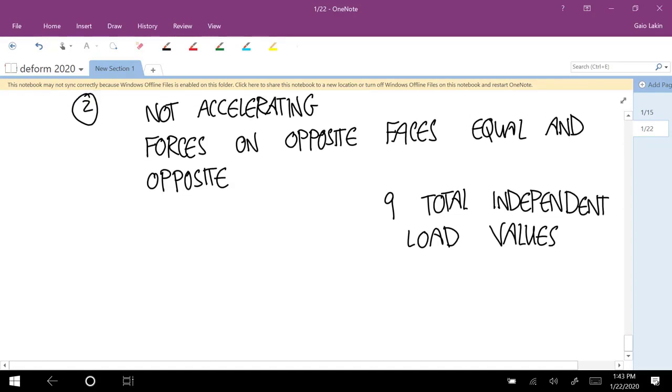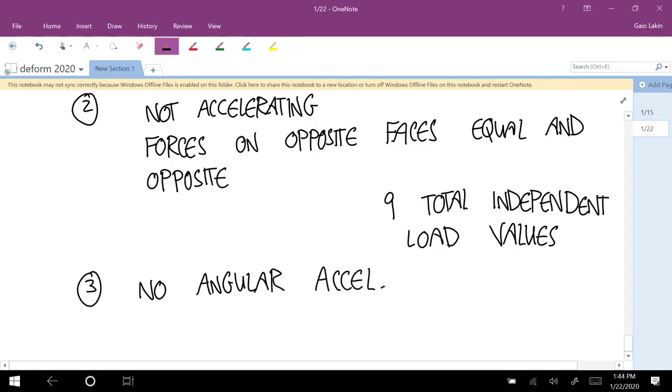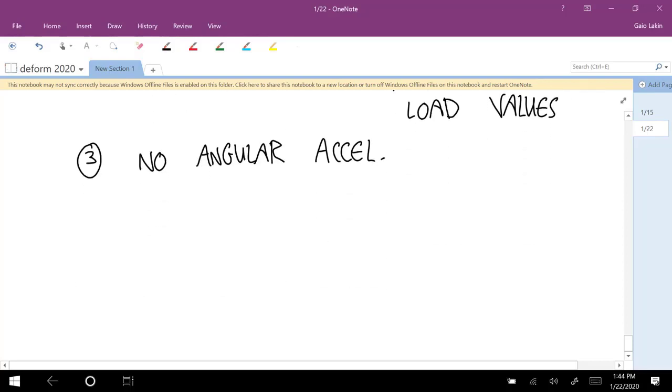And then the last thing is it also has no angular acceleration. And that requires that if you're looking straight on any face, any force along the surface like this, well, we already figured out that the opposite has to be that.